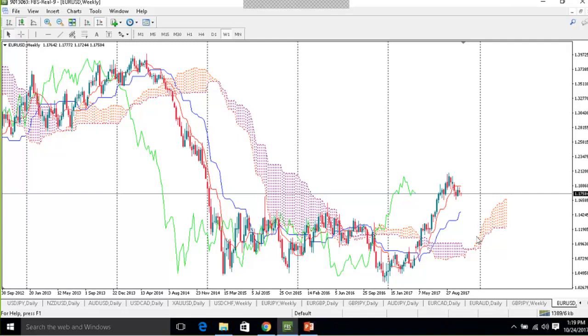You can see that these lines are quite similar in their dynamics because all of these lines represent moving averages except for the green line, but it is the price itself. So clearly these lines follow the price. But the merit of the indicator is that they are adjusted in different ways.